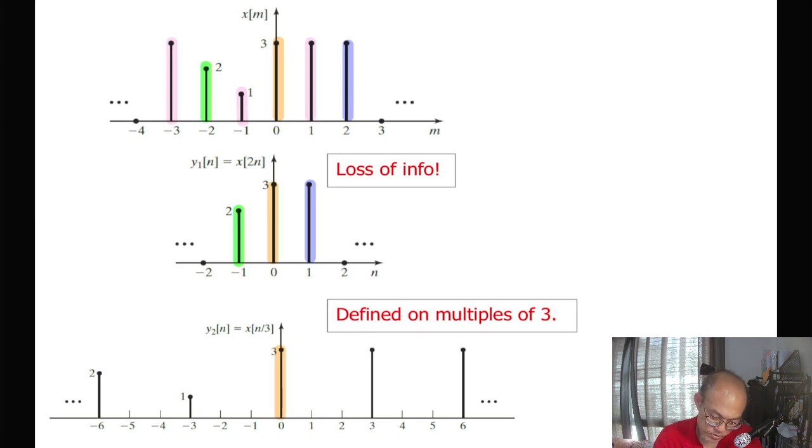I think I should erase this and this one to make them distinct. Which one haven't I used? Yellow. So a pink one and the blue one, and the green one, the brick gray one and the green one here. All right. So this is called time scaling.